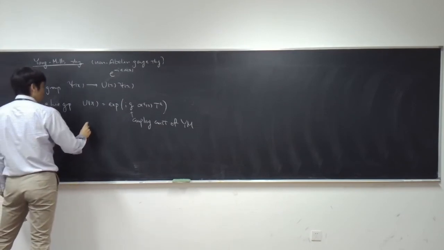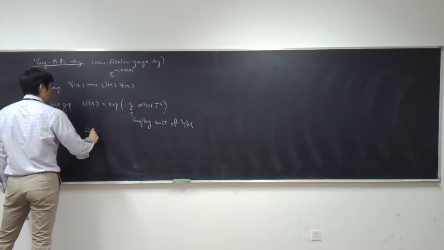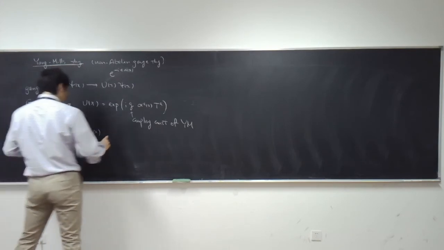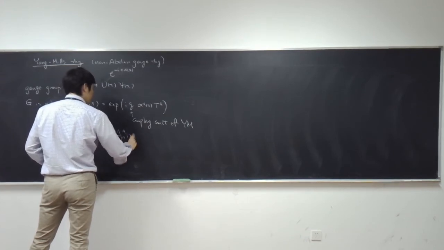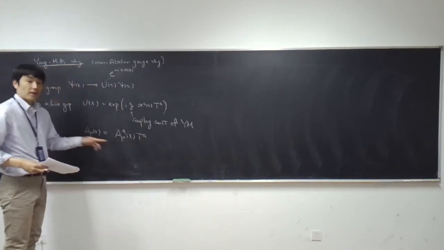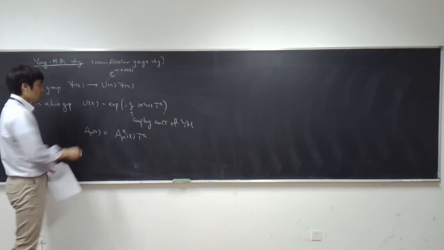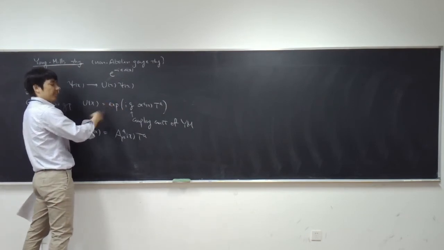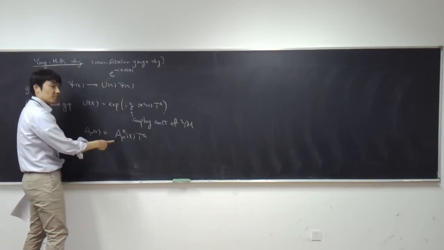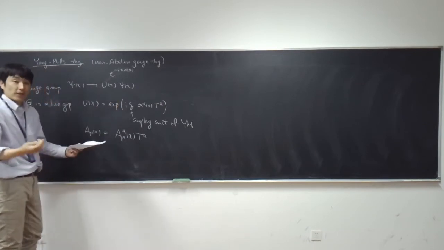Then A_mu(x) takes the form A_mu^A(x) T^A, and takes values in the Lie algebra. So the gauge transformation U takes Lie group values, but the gauge field takes Lie algebra values.